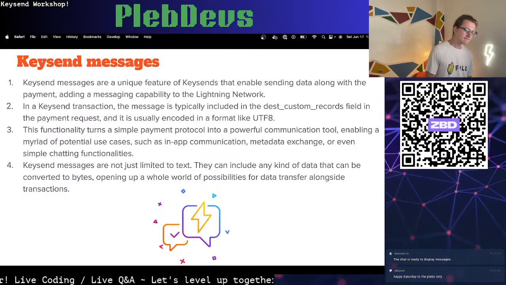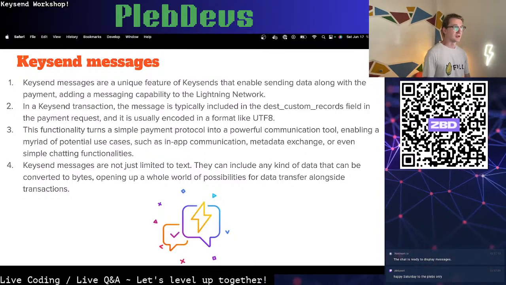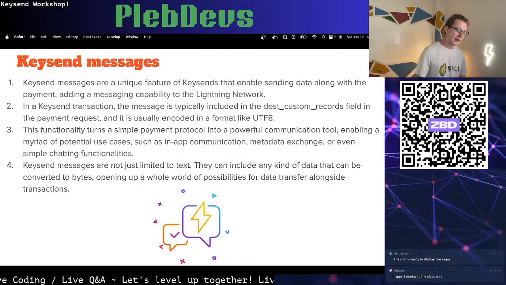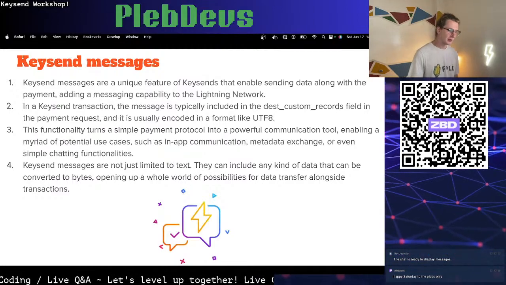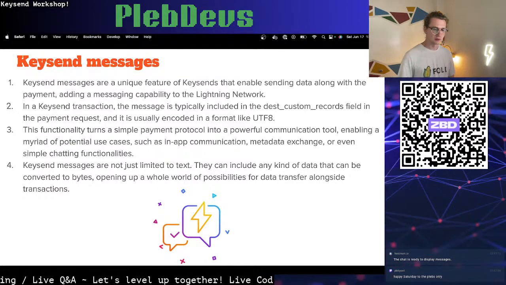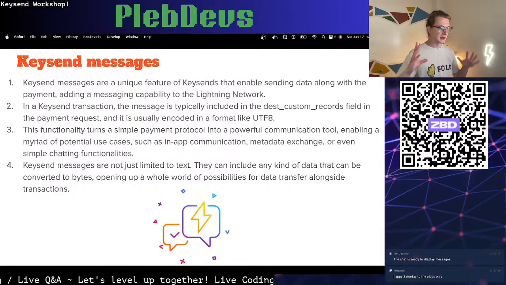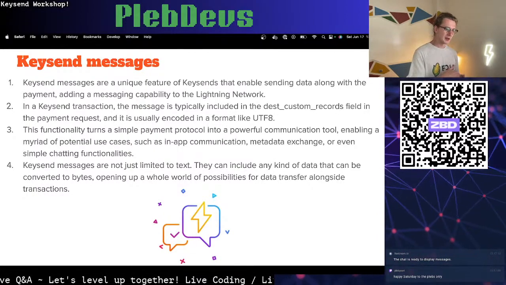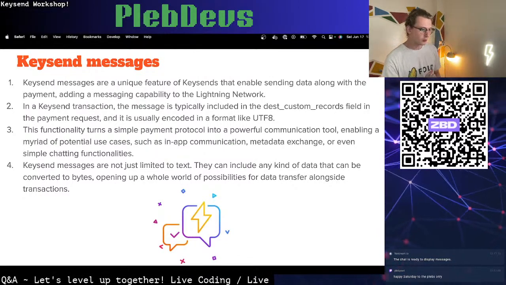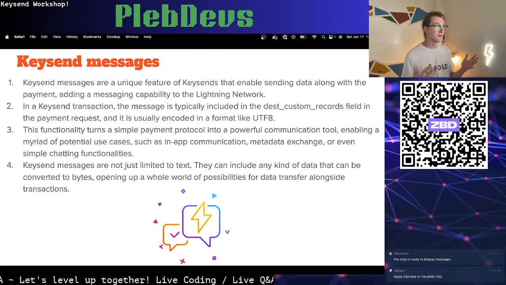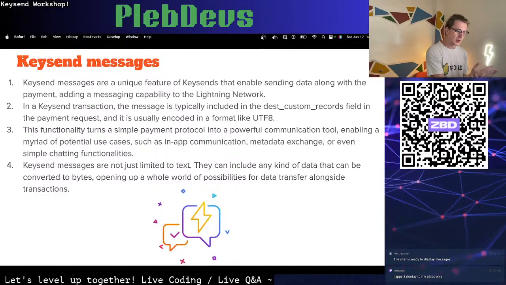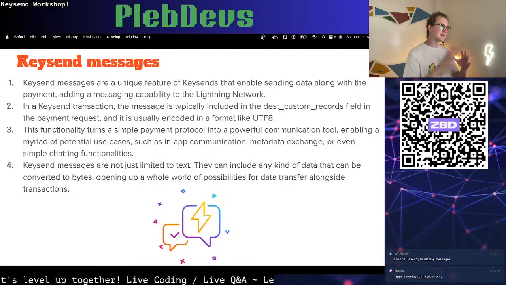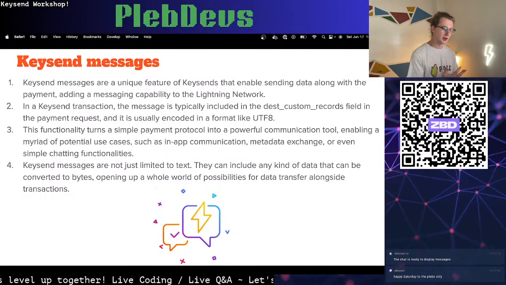I mean, payments with chat integrated, the encryption that comes with the Lightning Network. There's definitely a lot of things you can do with this. It kind of expands the mind. And so Keysend messages are not limited to text. You can really include any kind of data that will fit and can be routed over the network, convert it into bytes, fit it into this Keysend, into this push payment.